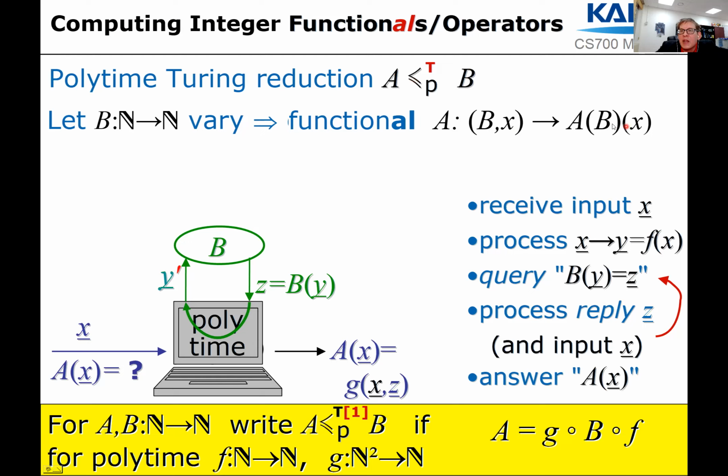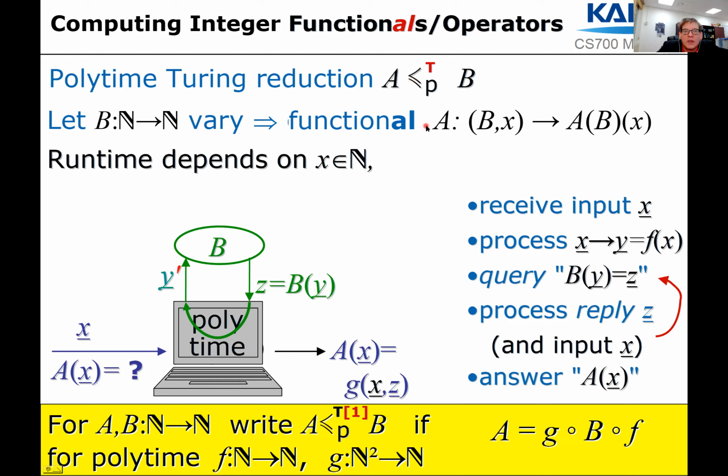Namely, we evaluate the resulting function at a given integer argument x. And so now we consider two dependencies: the dependency on b, the oracle function, and the dependence on x, which is an integer or integer tuple. And the result now is not a function, but just an integer or an integer tuple. So now we have converted, using currying, the operator into a functional.